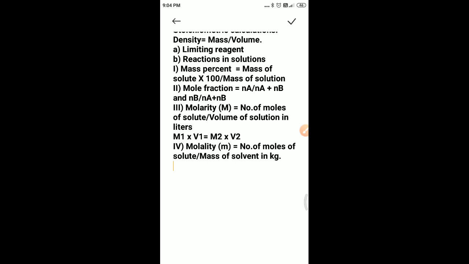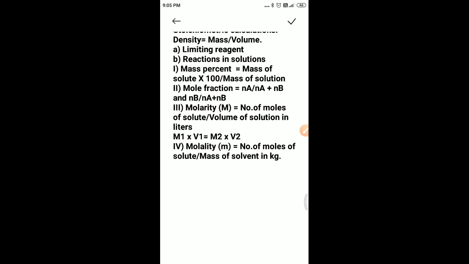Now the mass of water in solution. The mass of 1 liter of solution is equal to 1000 into 1.25, 1.25 gram per ml, which is 1250 gram. Now we subtract 175.5 gram, the mass of NaCl in 1 liter of solution, from 1250 gram and get 1074.5 gram.